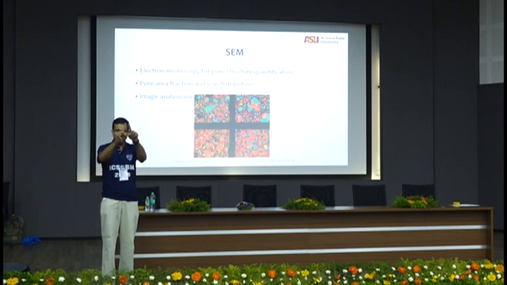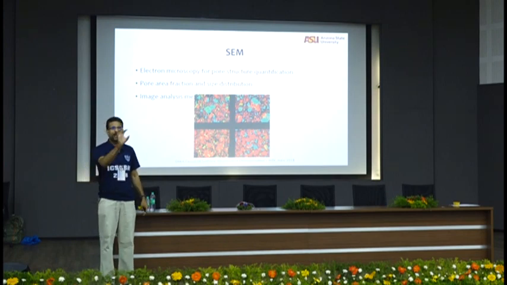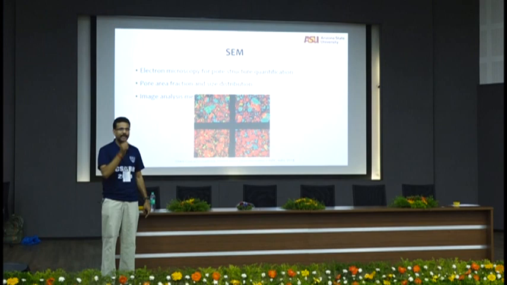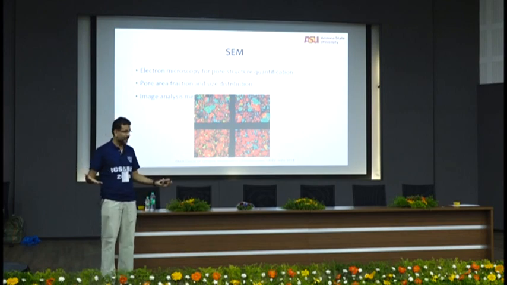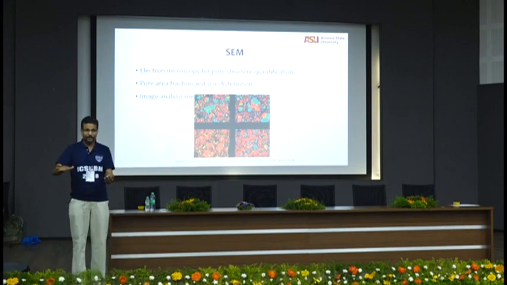And if you say, here is my square area, or whatever is the area, pick all these pixels with grayscale value less than 10, find out the area of all these pixels, divide it by total area, what am I getting? The area fraction of how much pores I have, right? Get it? Now, that's just one 2D.